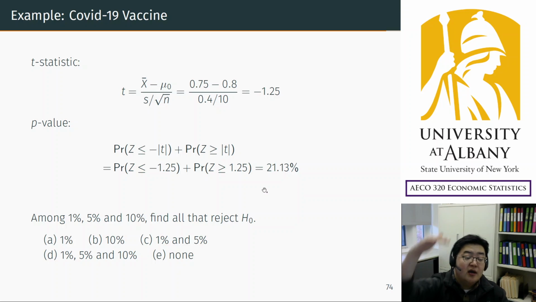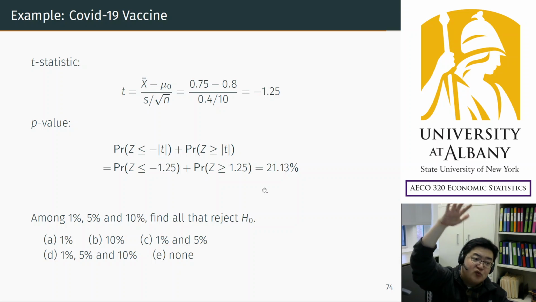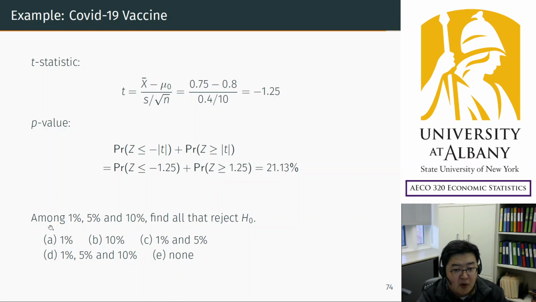That means it is in the top 21%, like if you rank from the most unlikely outcome, it is the top 21%. So among those significance levels, when can you reject this outcome? Remember, the null hypothesis is rejected if the p-value is smaller than the significance level.